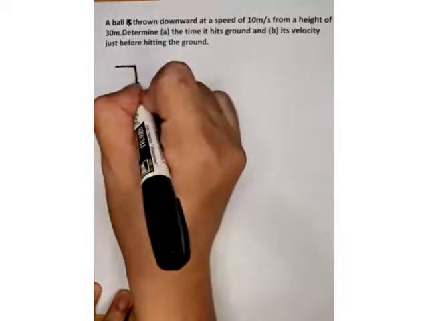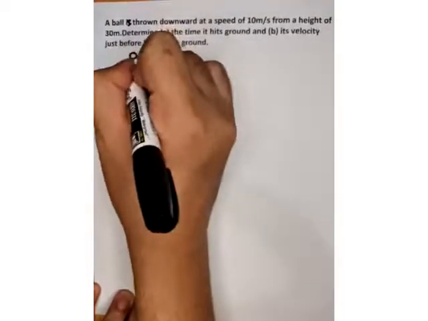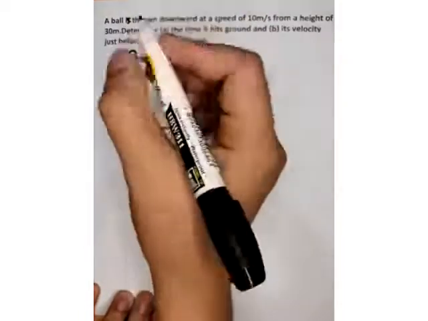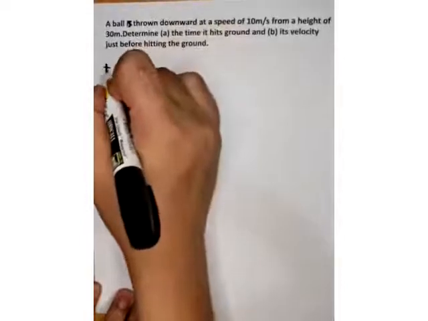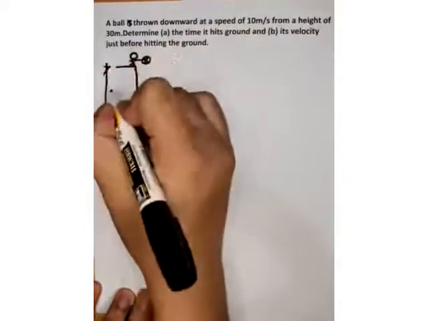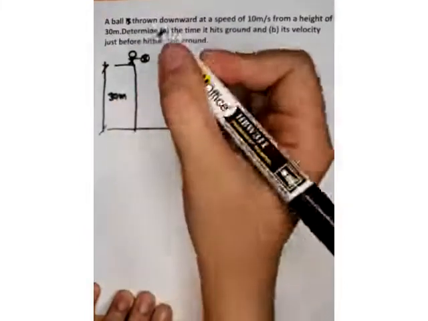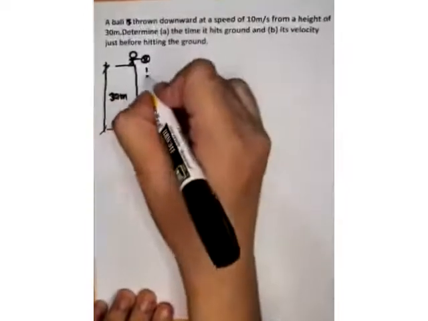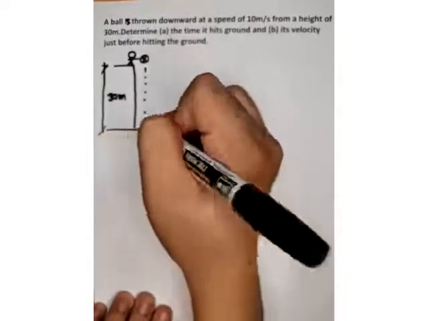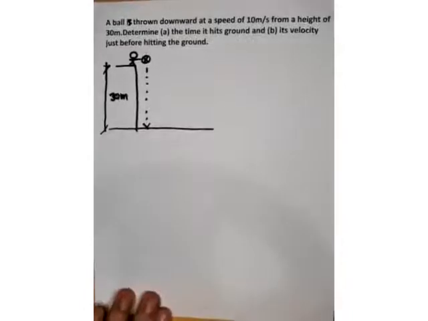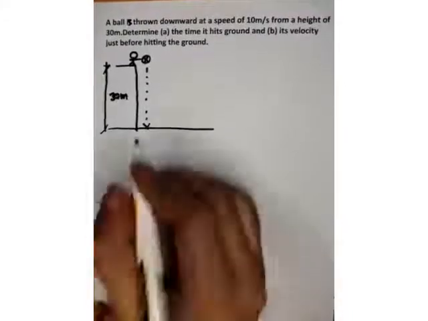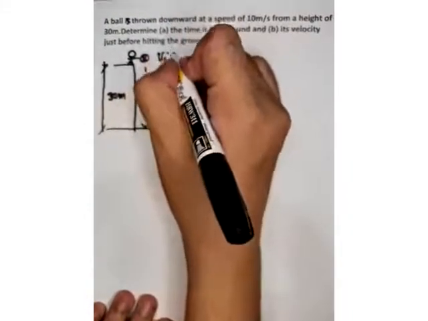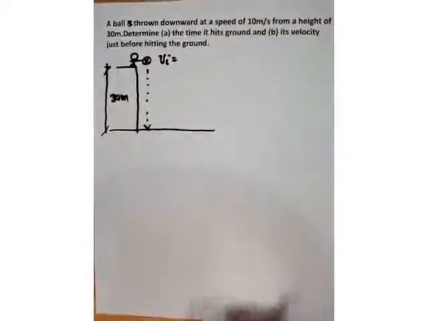Let's say that this is the building, and we have a ball. The height is 30 meters. And then it was thrown downward. So what is the initial velocity of the object, of the ball?